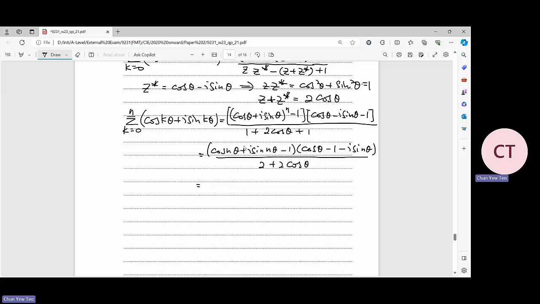So now focus on the right-hand side. We want to take the real part. How to take the real part? My apologies, I supposed to write minus 1 together over here. I suppose to write cos n theta minus 1 plus i sin n theta.